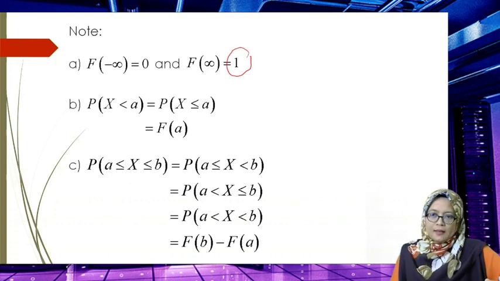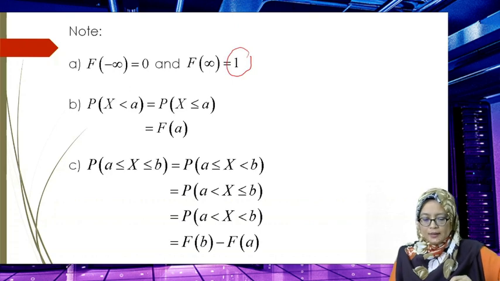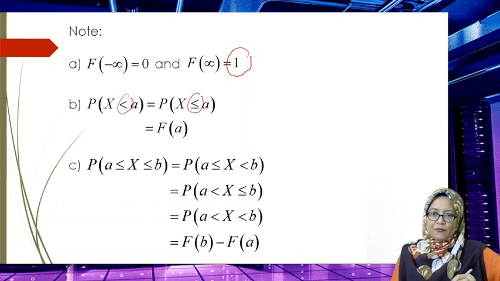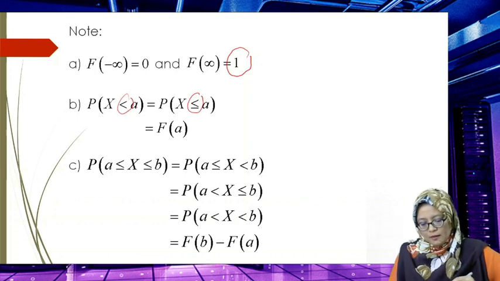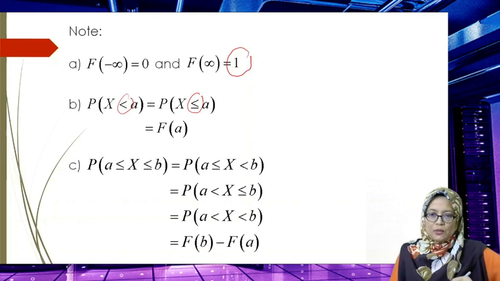Okay, so then second, probability X less than A, yang saya mention tadi lah, kalau dia less than ataupun less than equal, ini dah boleh ubah kepada capital F. Okay, so then kalau you nak cari nilai probability, katalah X tu in between A to B, kalau A include, B include, dia adalah sama dengan semua simbol ni.